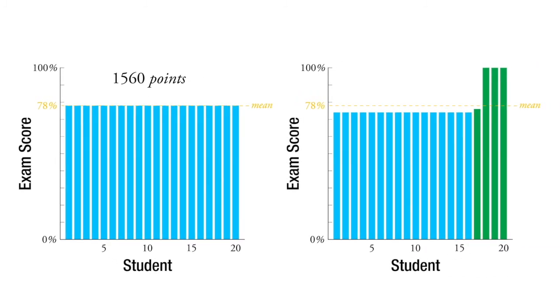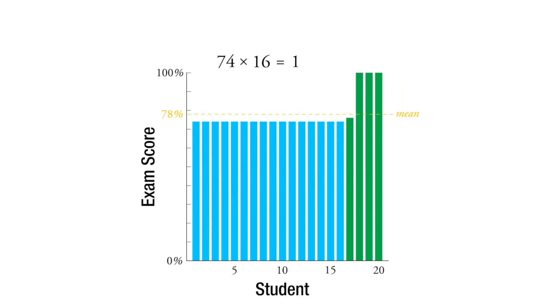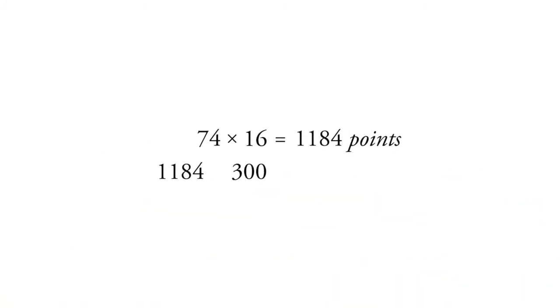Thus far, the students in the second section have 74 points times 16 students, and that gives us 1,184. So if 3 of the remaining students score a perfect score of 100%, because that's what we're assuming, then that gives us our current total points, which is 1,184, plus the 300 additional points we're going to get from our stellar final 3 students.